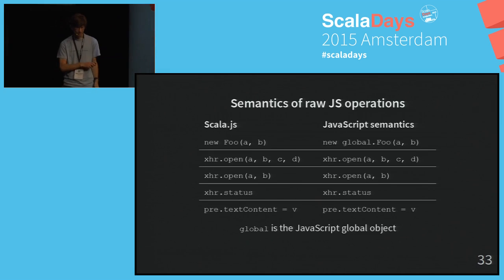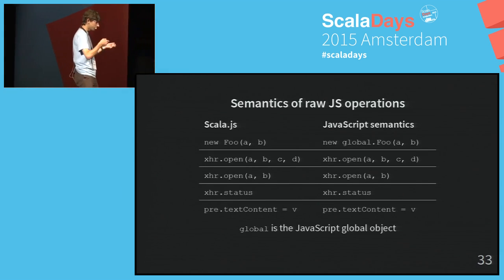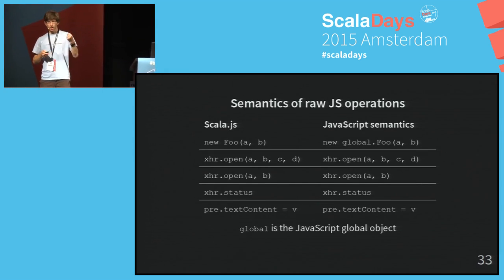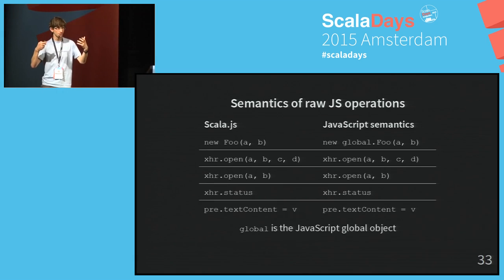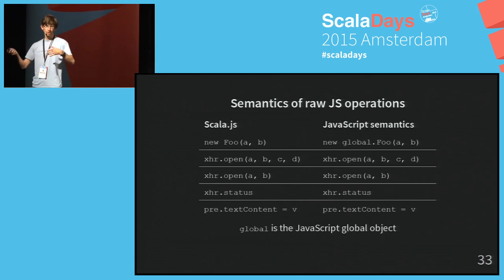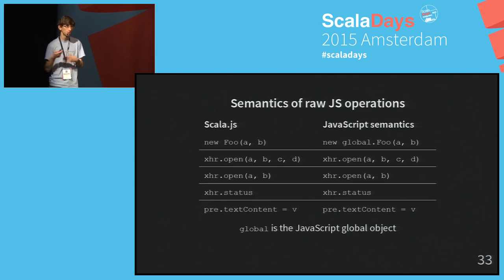So what does that mean, the corresponding syntax? Well, that's where you have to go to the semantics of the language and look: when I do, syntactically or semantically, in Scala.js code, new Foo, with Foo being a js.Any class. If it's a Scala class, then it's just a normal Scala new.